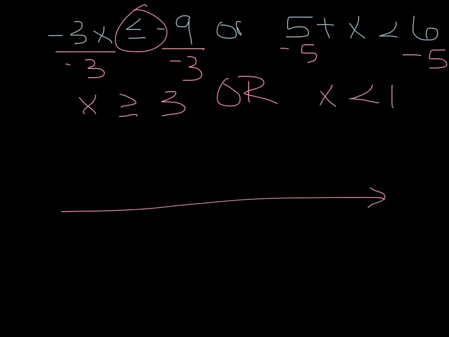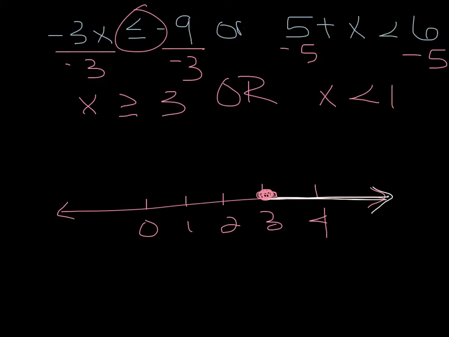So on our number line, let's go 0, 1, 2, 3, 4. And I'm going to have a closed circle at 3. And it says that we are all numbers greater than or equal to 3, so we're actually going to shade to the right.